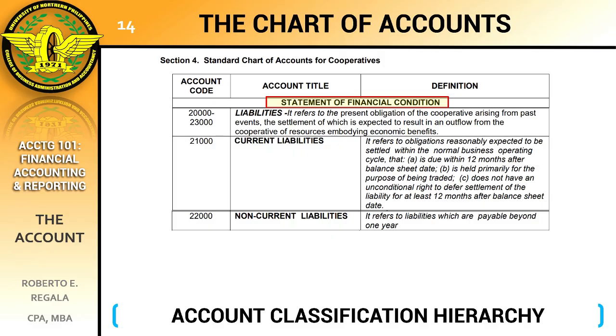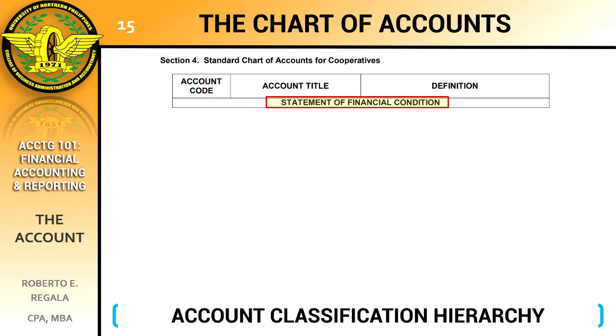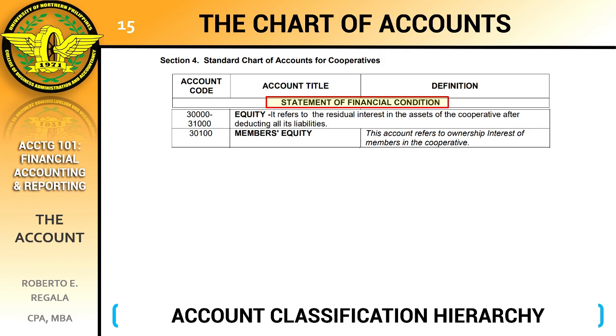like long-term debt. Equity, which is usually called owner's equity or shareholders' equity, and for cooperatives, it is called members' equity. Equity includes things like common stock, retained earnings, and additional paid-in capital.